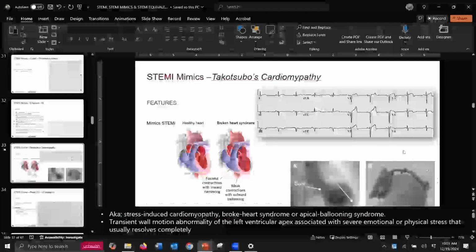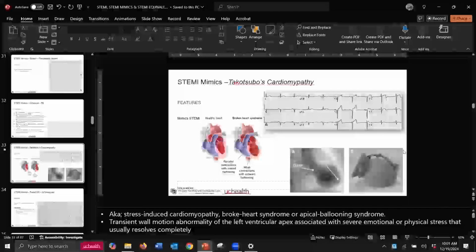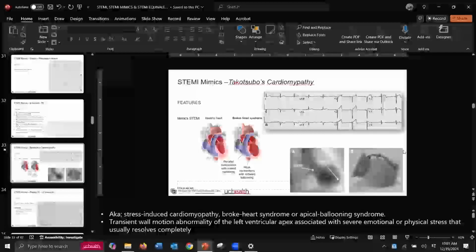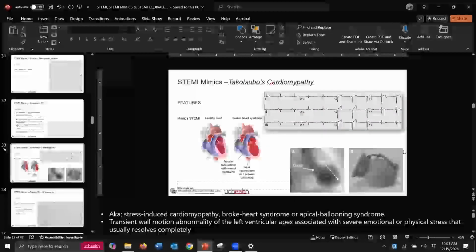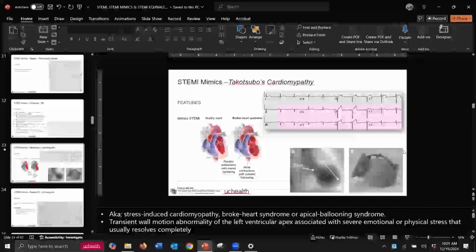Takotsubo's cardiomyopathy. So this is also known as broken heart syndrome. Typically occurs after a stressful event, maybe up to a couple of weeks after a stressful event. I've seen a couple of these in my career.